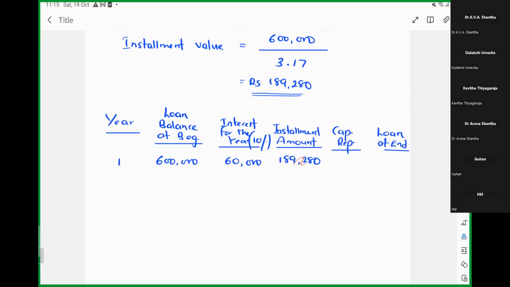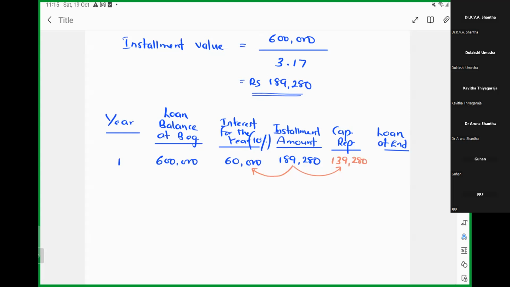Out of 189,280, 60,000 is interest. The balance is capital repayment, 139,280.